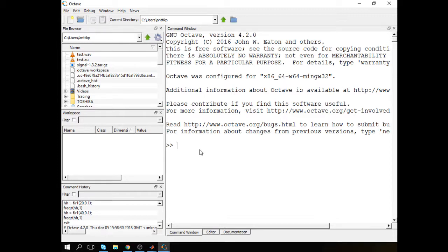MATLAB is used industrially and also in academics a lot. In academics, it has one small problem. It's a little bit pricey, but you have MATLAB use it, since it comes with the really great package of toolboxes.